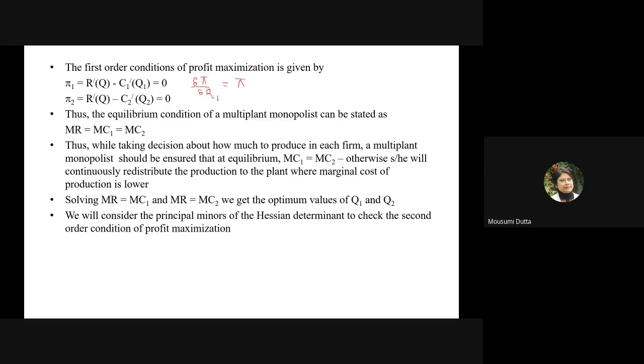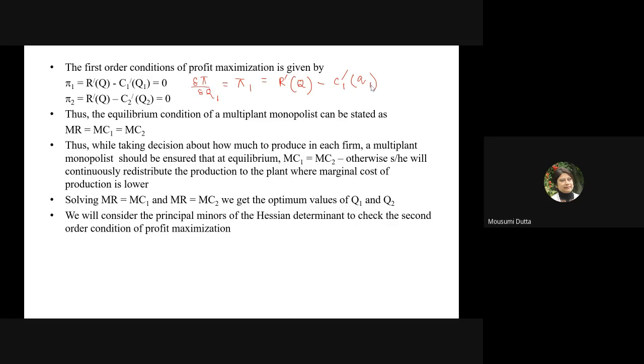Which is pi 1. That will be R prime Q. Actually, we will take the derivative with respect to Q1 only, because there is Q1 plus Q2, minus the other part of the cost is a function of Q2 only, so that part will not appear.